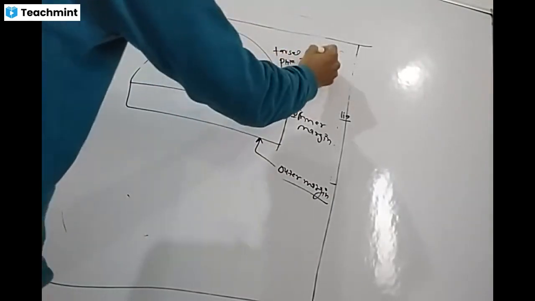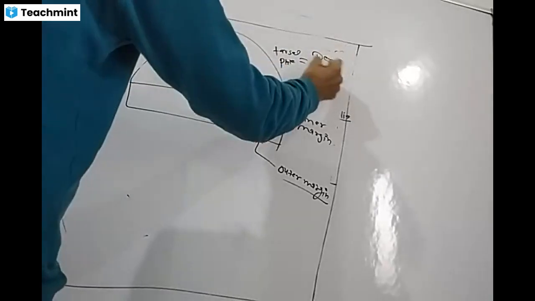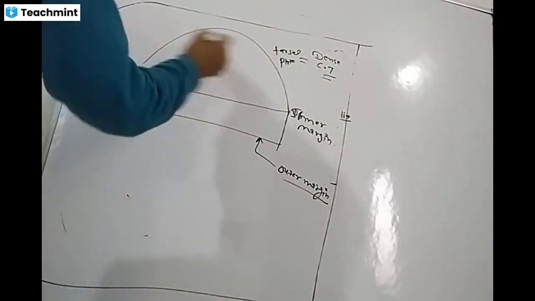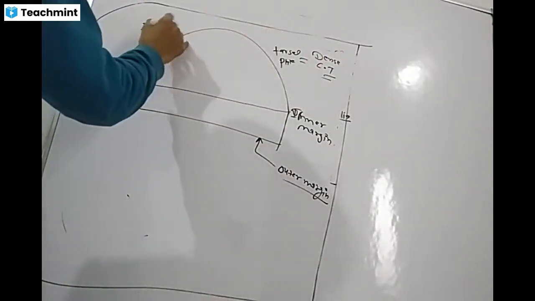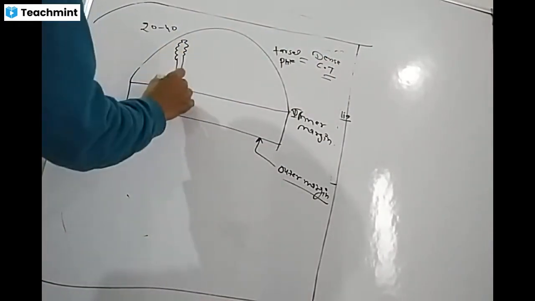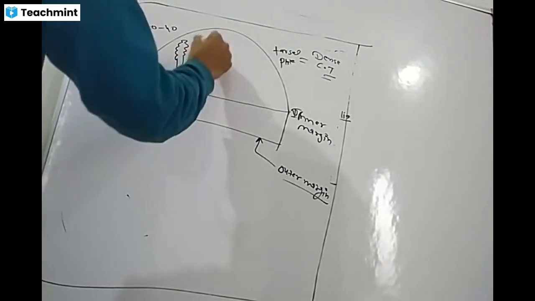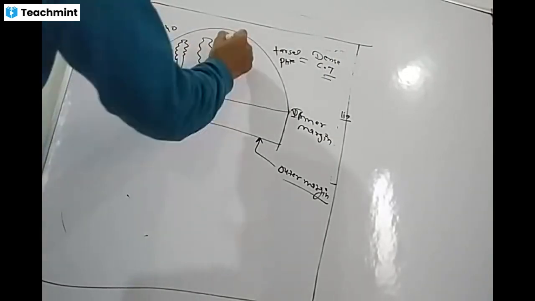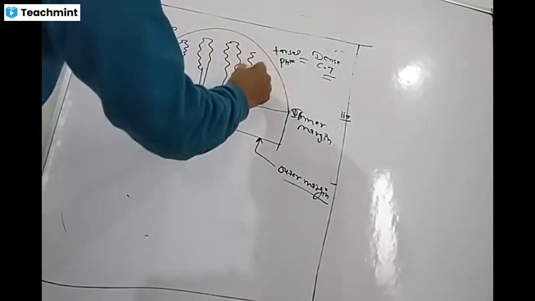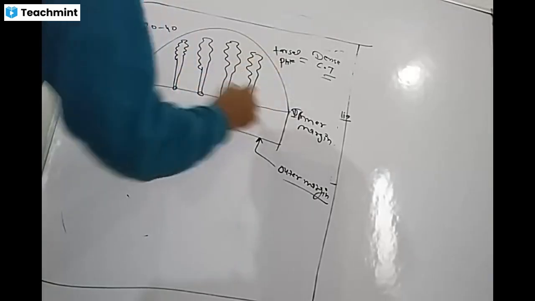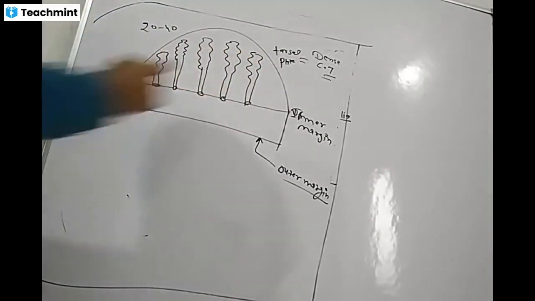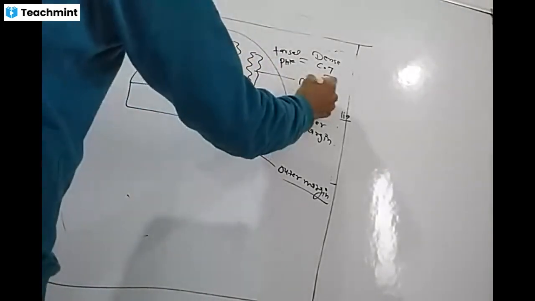This tarsal plate is nothing but dense connective tissue. In this tarsal plate, there are 20 to 40 glands present, like this. These glands are known as your meibomian glands.